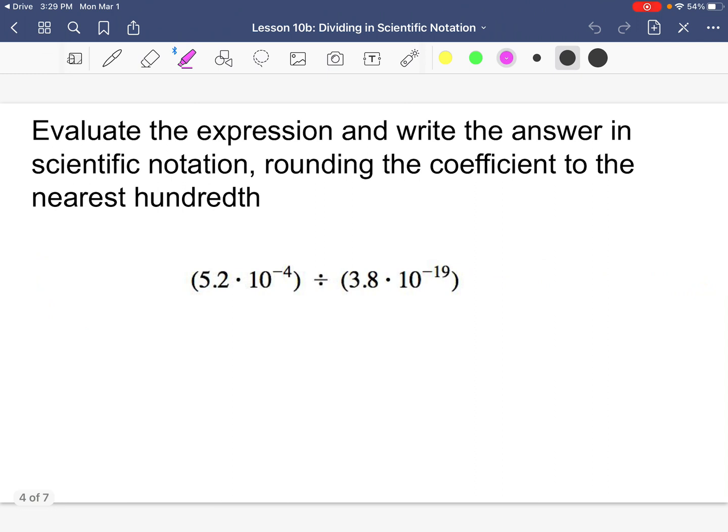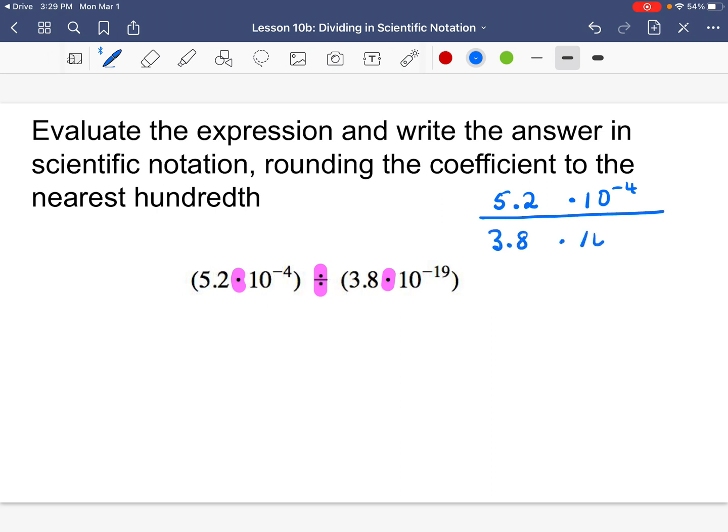So here we're being asked to evaluate the expression, and we've got multiplication here, division here, and multiplication here. So I'm going to rewrite this as a fraction: 5.2 times 10 to the negative 4 divided by 3.8 times 10 to the negative 19.